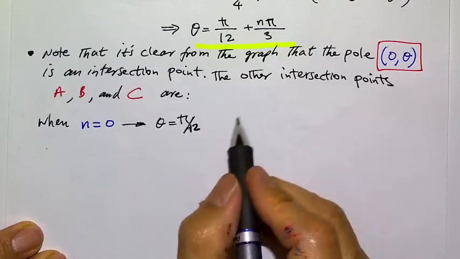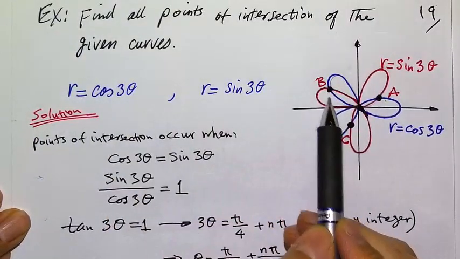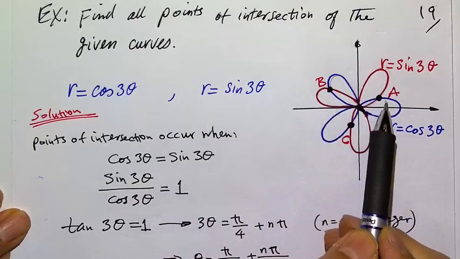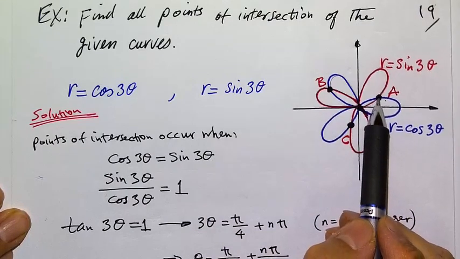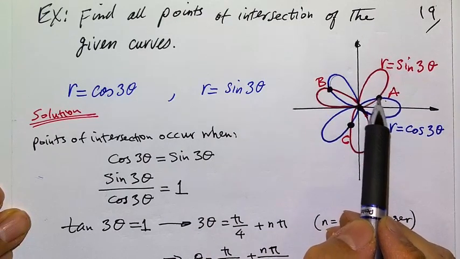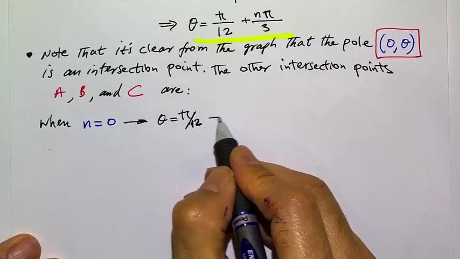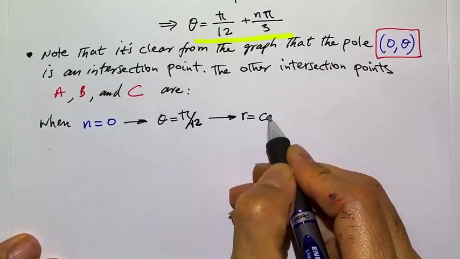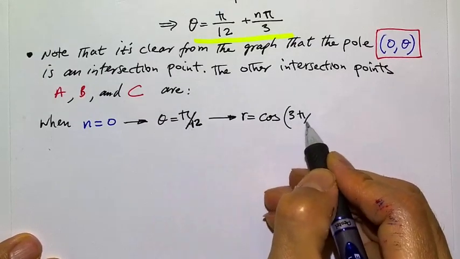Pi over 12, and then we can calculate r, right? Because for the polar coordinates of these, we need r and theta. So for A, we got n equals 0, theta equals pi over 12. So we need to find r as the other coordinate of this polar coordinate for this point. So let's find r. Which would be cosine of 3 theta, or 3 times pi over 12.